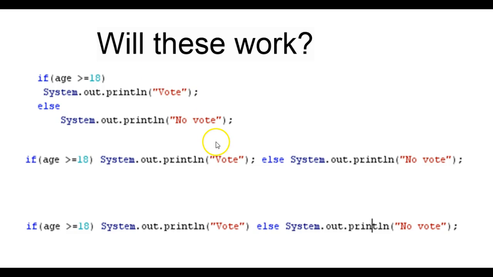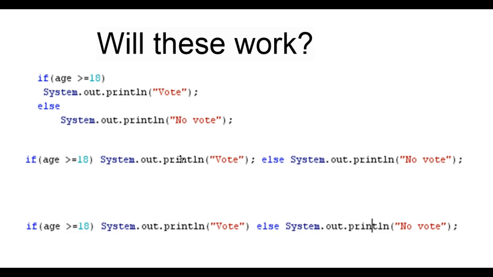Let's take a look at these. Will these all work? That's what we were just mentioning. Any problem with any of these? Take a minute and look at them. So the first one's fine. We don't need curly brackets here. The second one is really just a repeat of the first one, all taken up on the same line. Java does not require white space.